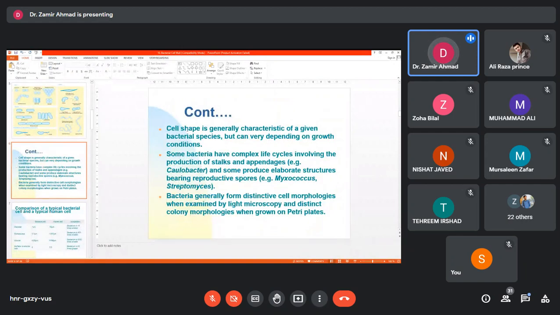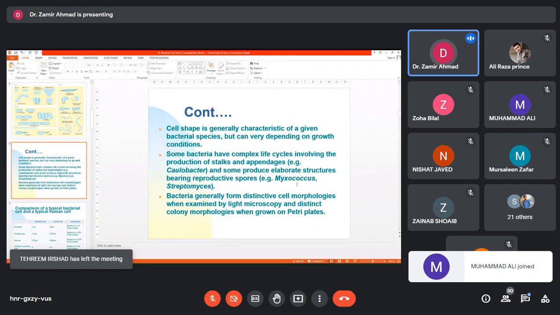Cell shape is characteristic for each bacterium but can vary depending upon the growth condition. Some bacteria have a complex life cycle, including the production of stalks and appendages like Caulobacter, and some produce elaborate structures bearing reproductive spores like Myxococcus and Streptomyces.